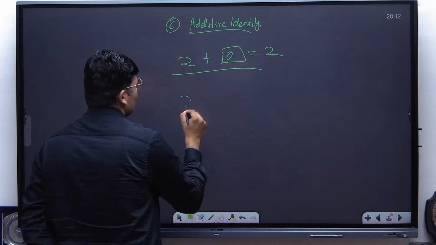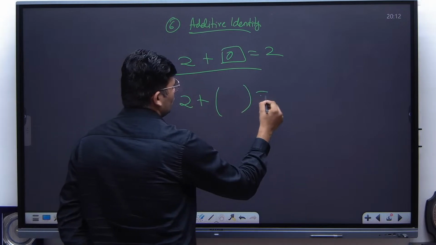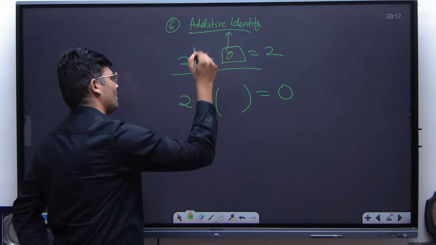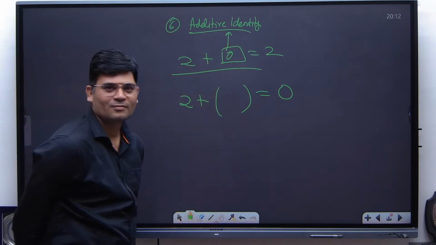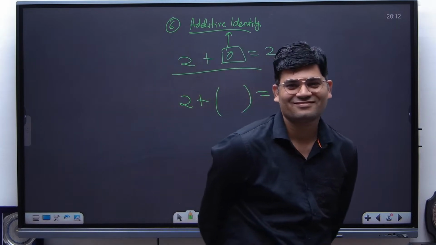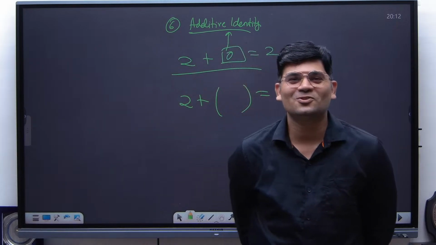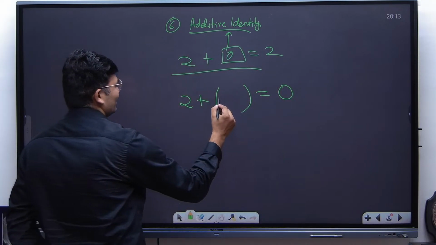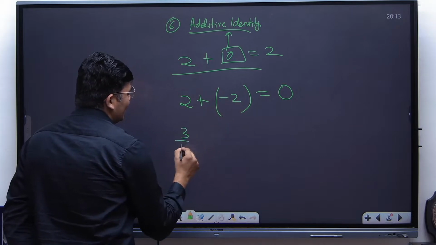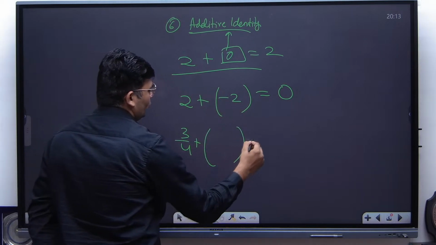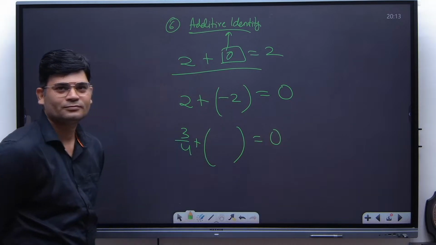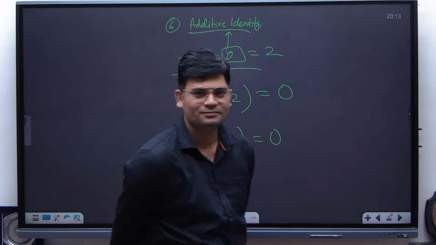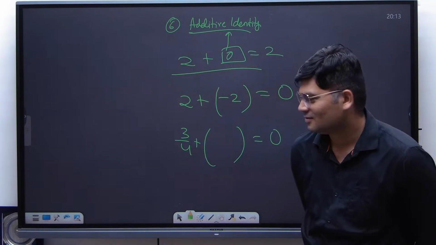So what should be added to 2 so that I get 0? Negative 2, minus 2. Well done. What should be added to 3 by 4 to get 0? Negative 3 by 4.